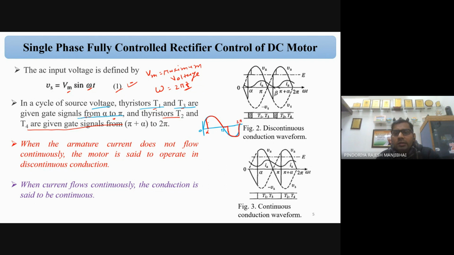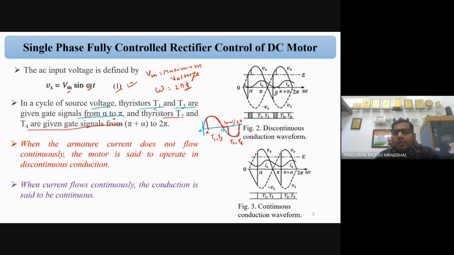Okay, so from this alpha to pi period, that is your T1 and T3, and then from pi plus alpha to 2 pi, that is T2 and T4, and this one is T1 and T3.